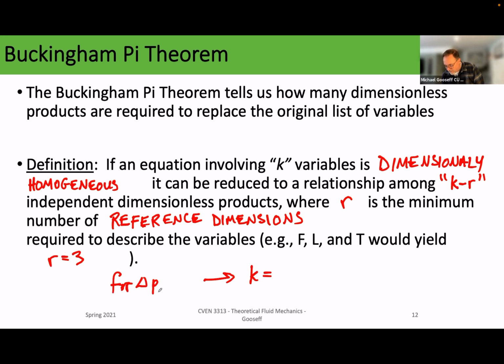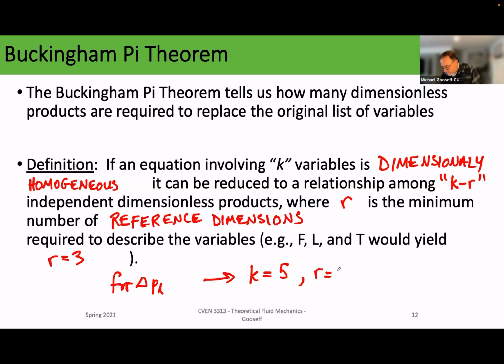In other words, in this case, for delta P sub L, we had K equals 5, and for R, we had pressure, which is force per length squared. We had D for the diameter, which is a length. And then we also had velocity, which was length per time, right? So we had all 3 of these reference dimensions.